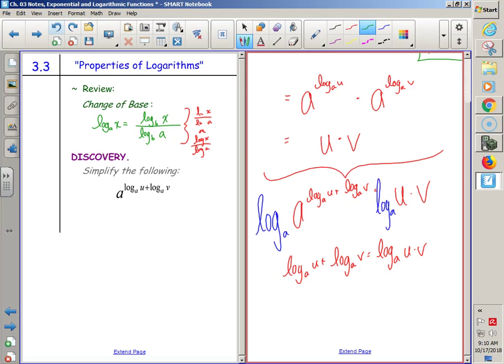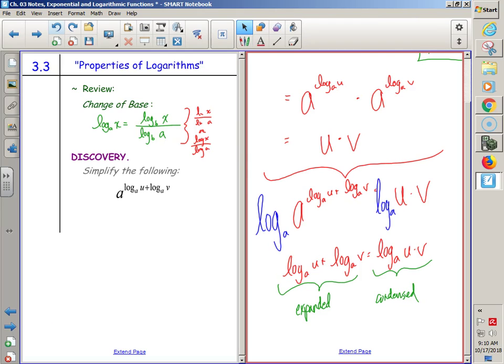This is what we call an expanded logarithm. And this is what we call a condensed logarithm. A condensed one says, hey, I can express it all in one logarithm. Log base a of u times v is the exact same thing as the expanded form, log base a of u plus log base a of v.